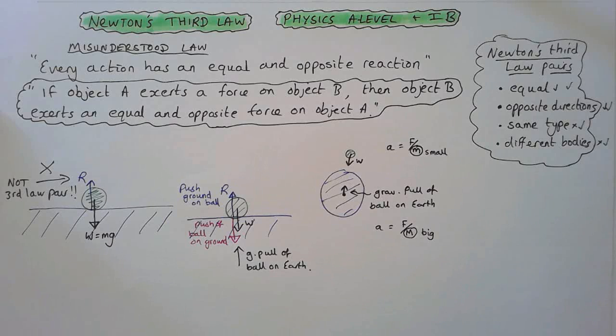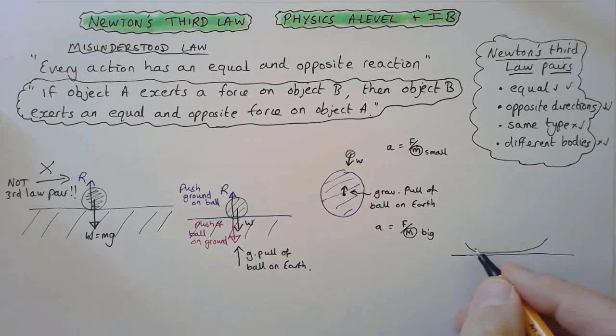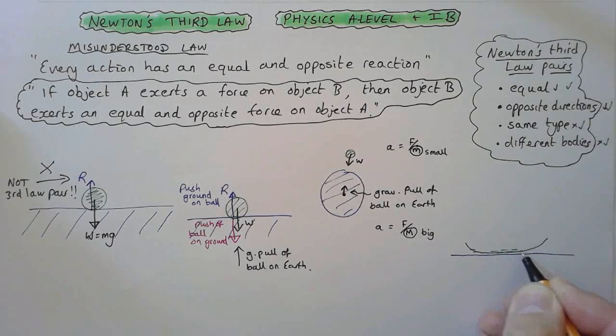And finally, it's worth looking a little bit more closely at what a contact force is. What's the origin of a contact force? Well, let's zoom in much more closely, and look at the boundary between the ball and the Earth. So if there's the edge of the ball and there's the edge of the ground, then of course everything's made of atoms and molecules, and at the edge of every atom and molecule are of course electrons.